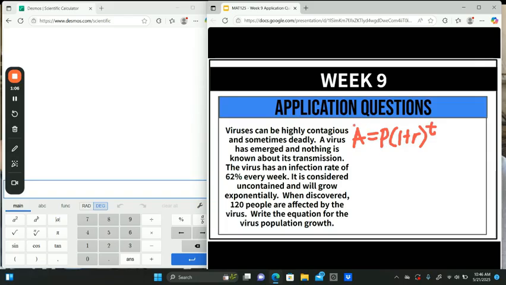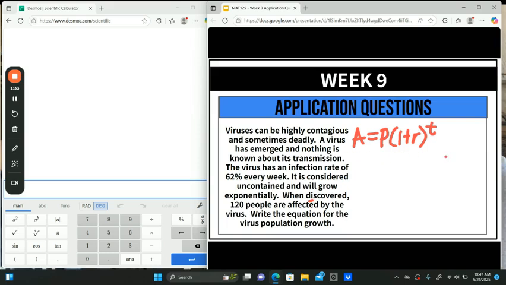Okay, so A is going to be the present value that the growth causes. The capital P would be however many people they started with. R is going to represent the rate at which the growth is occurring, and T stands for time.